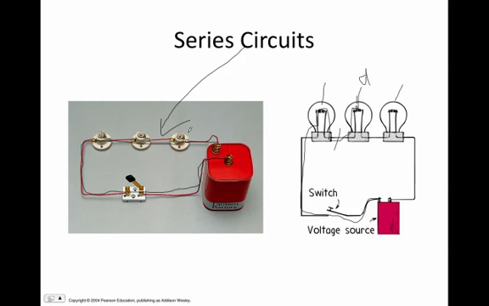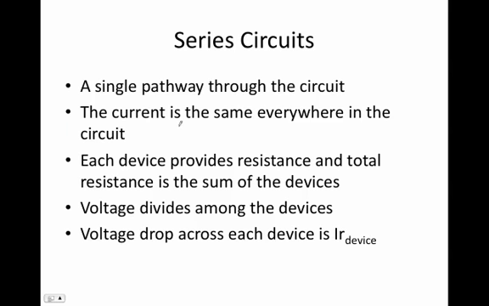So the downfall to series circuits is that with just one path, just a one-lane highway, if something goes wrong in the circuit, like a bulb goes out, then your circuit won't work anymore. So to summarize, a single pathway, the current will be the same everywhere along the circuit. Each device provides resistance, and the total resistance is the sum of all the devices.